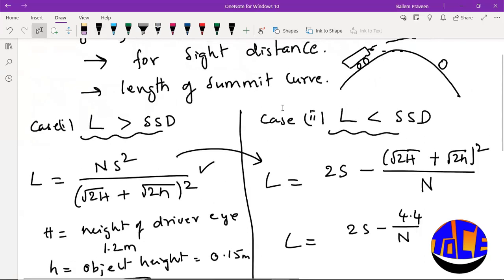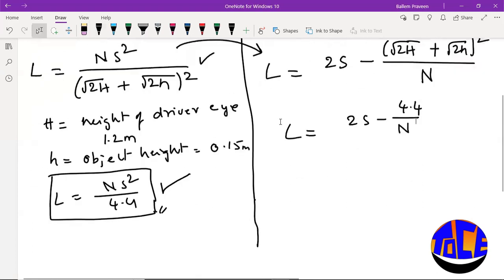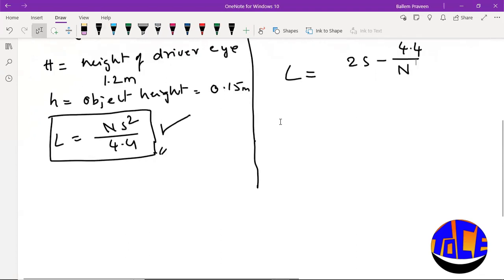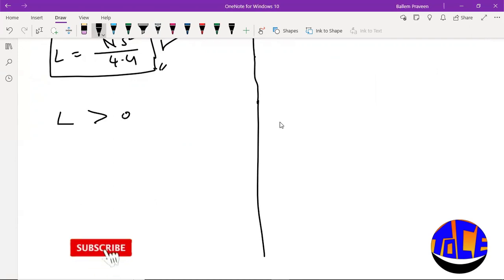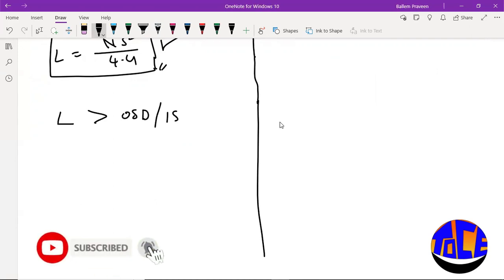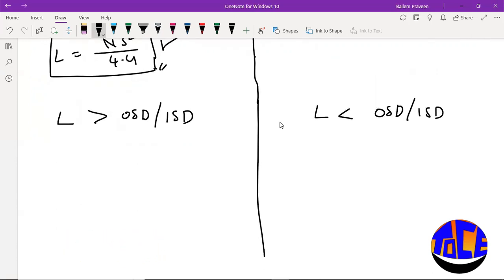And SSD is not the only sight distance. There is also overtaking sight distance and intermediate sight distance. So based on OSD and ISD, if L is greater than OSD, overtaking sight distance or intermediate sight distance, then firstly we'll assume L is greater than OSD.